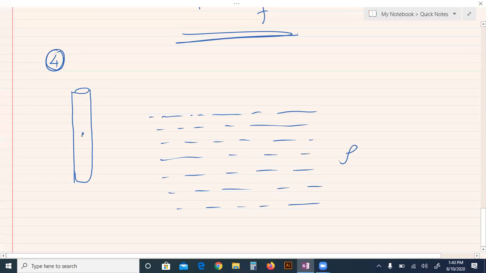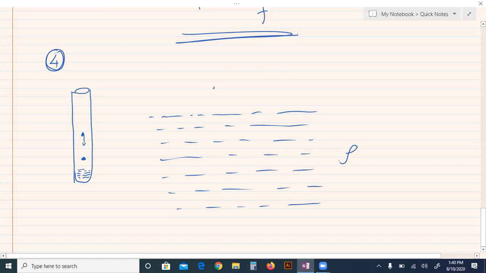Its center of gravity is exactly at the center. When this test tube is placed at the surface of the water, it becomes unbalanced. To make it more stable, some sand is added in the test tube, so its center of gravity is shifted down, so it becomes more stable.